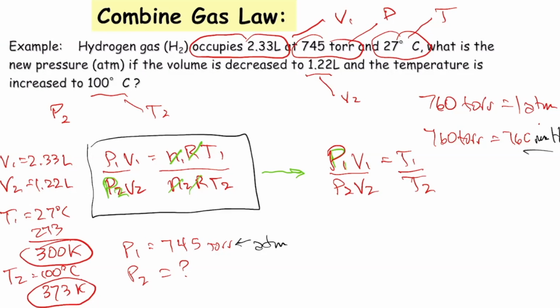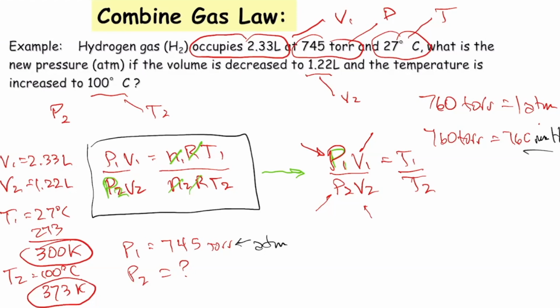You don't have to use liters. You can use milliliters, but they have to be the same units for both situations. So if I'm using milliliters here, I have to use milliliters here. If I'm using torrs here, I need to use torrs there, but it doesn't have to be atmosphere. Temperature is always in Kelvin. I can't stress that enough. It always has to be Kelvin.